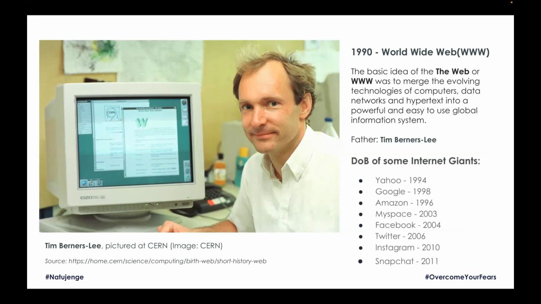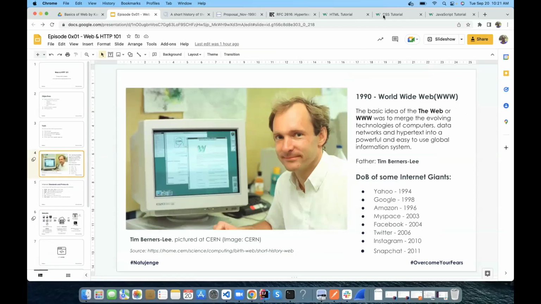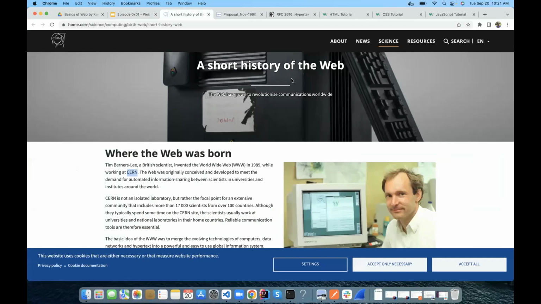So the basic idea started in 1989 when Tim Berners-Lee came up with a paper. In 1989, that's when he wrote the paper. And in 1990, he actually built the first solution to illustrate that. And at this particular point, I'll just shift a bit so that I can also give you some context. All this information is available for you to see.